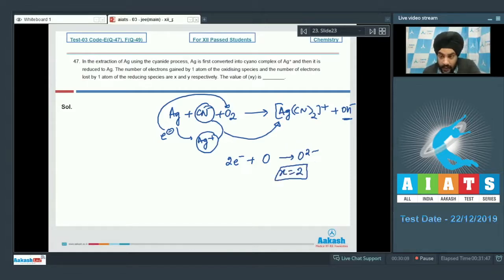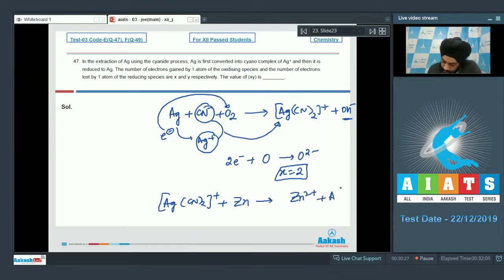Now it is further mentioned that the complex which is formed is reduced to Ag. So this Ag(CN)2 minus is allowed to react with zinc. The reducing agent used over here is zinc, and this zinc is converted into zinc 2 plus along with the formation of Ag.